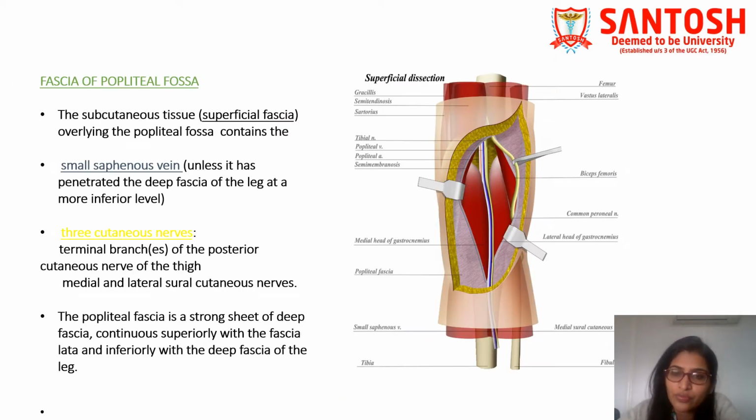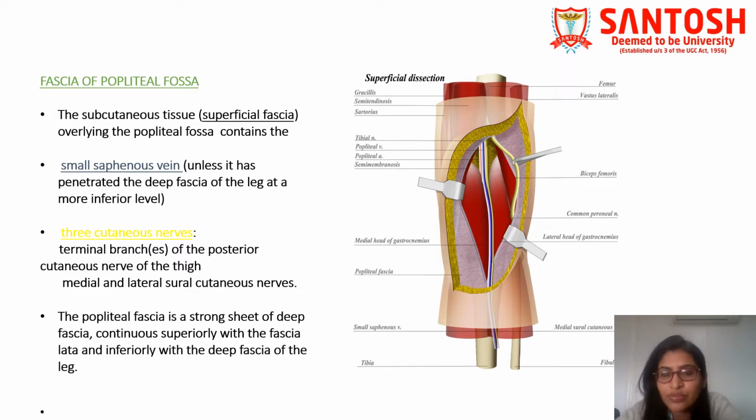Now the fascia of the popliteal fossa. Some important features of the popliteal fossa's fascia: the subcutaneous tissue or the superficial fascia contains the small saphenous vein, unless it has penetrated the deep fascia of the leg at a more inferior level.